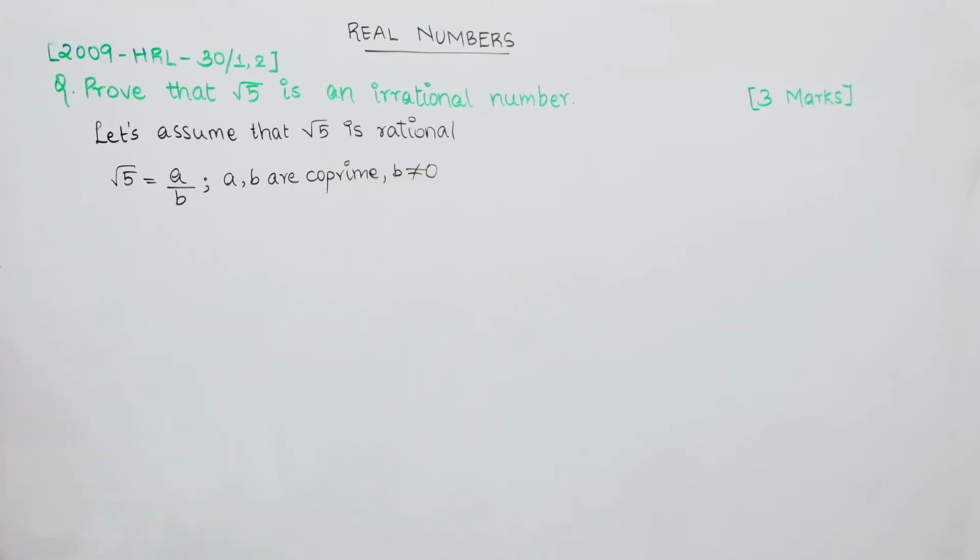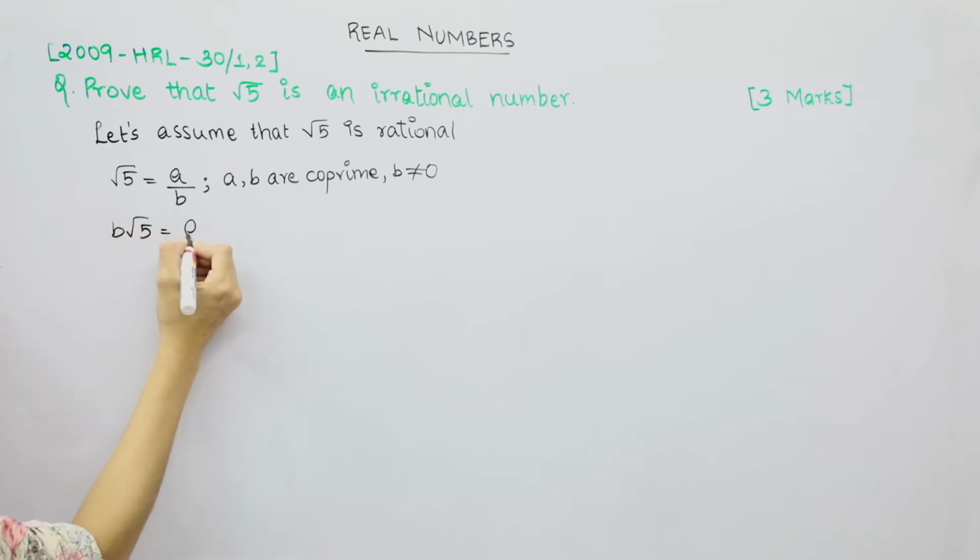So we've expressed root 5 as a fraction of co-primes a and b, and therefore a and b do not have any common factors. Now let's take b to the other side. We get b root 5 is equal to a.